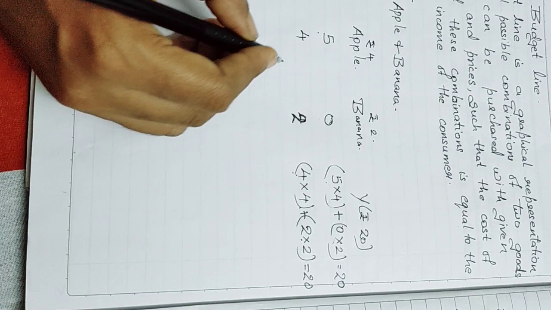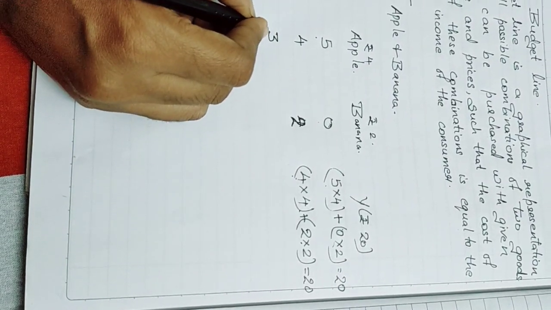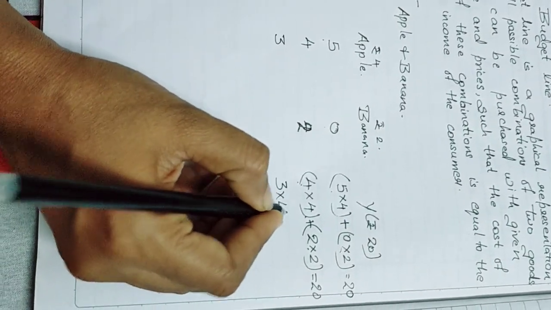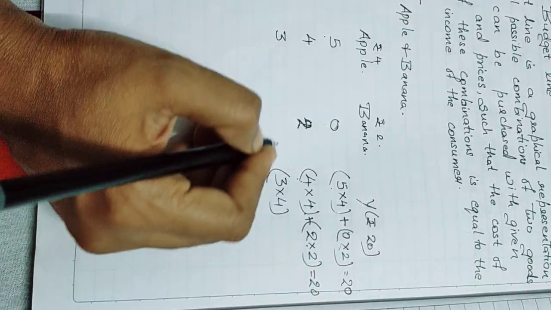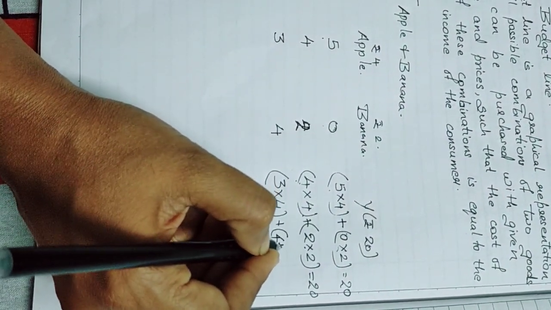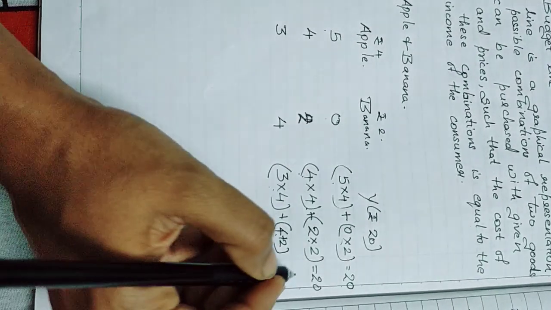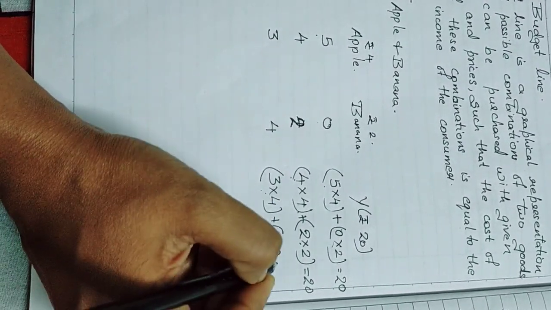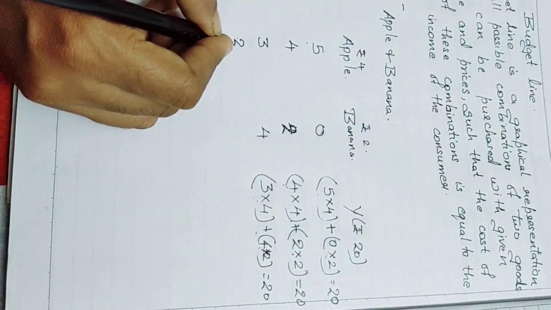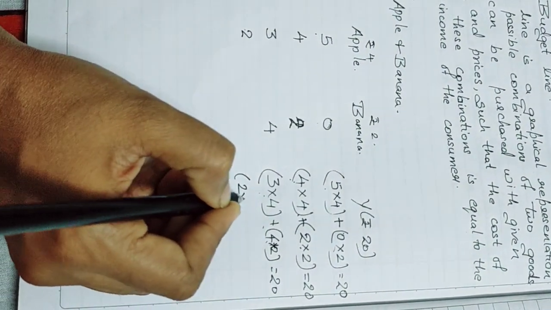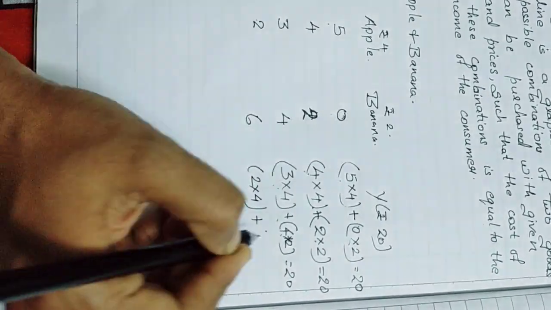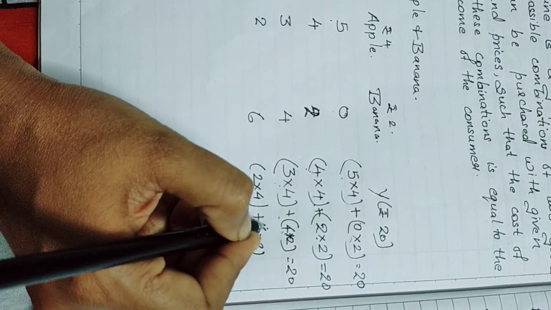Then again I sacrificed apple, and here I made it 3. 3 into 4 is 12, and the rest, 8, I keep here as 4 bananas, so 4 into 2 is 8, and again I get 20. Then from 3 it became 2: 2 into 4 is 8, plus 6 bananas, 6 into 2 is 12.